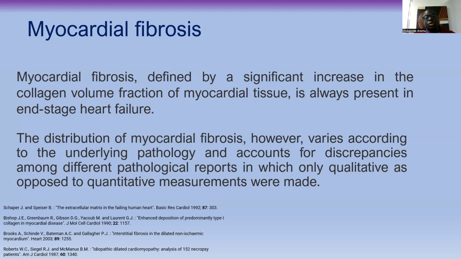Okay, so the distribution of this myocardial fibrosis varies according to the pathology that we are looking at. And this is what accounts for the discrepancies or differences that we see among different pathological reports in which only qualitative, as opposed to quantitative, measurements were made.